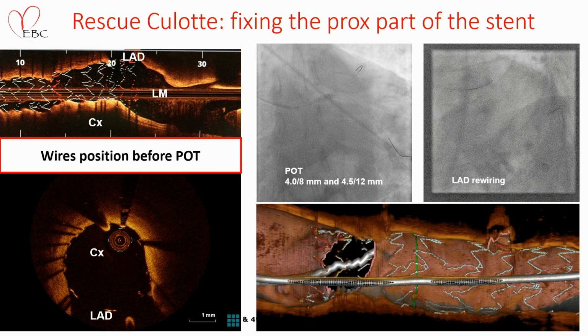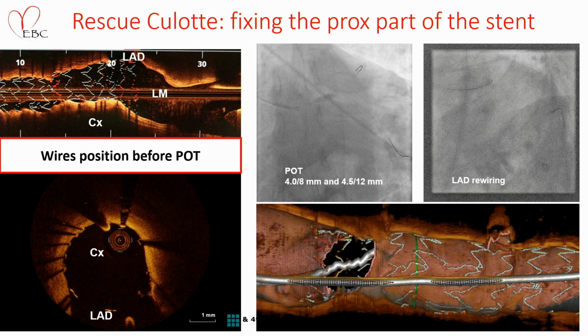Anyway, we distally rewired the LAD. You can appreciate here the OCT after the first rewiring, which wanted to ensure us that the rewiring of the LAD was as distal as possible. In this case, you can appreciate the position of the wire just close to the carina with all the struts behind.